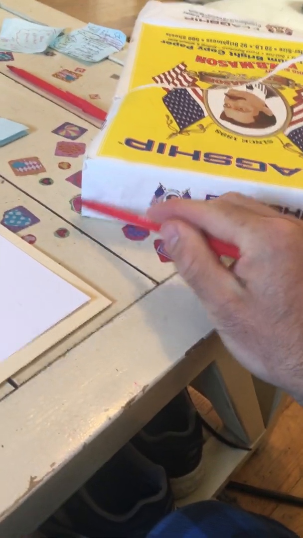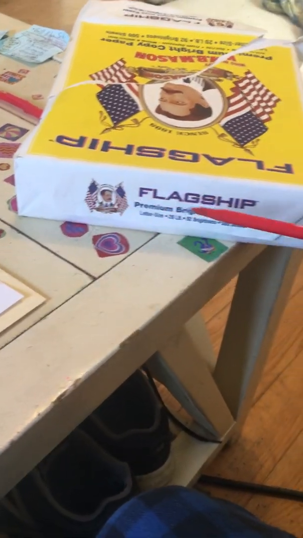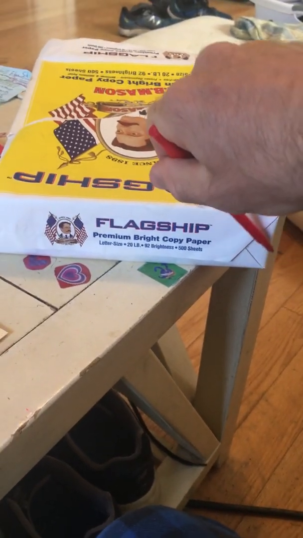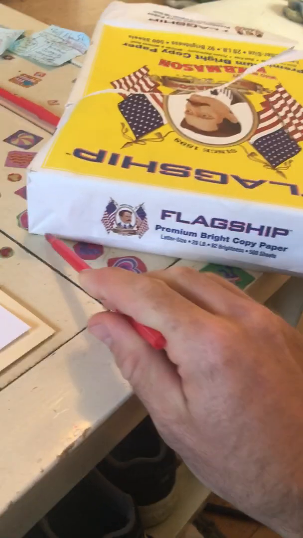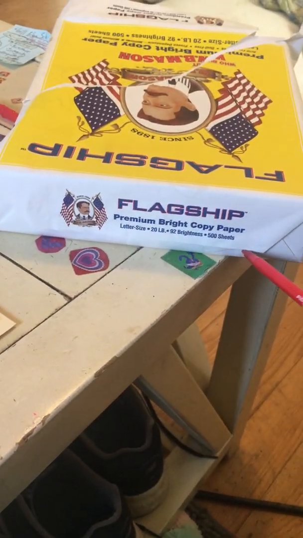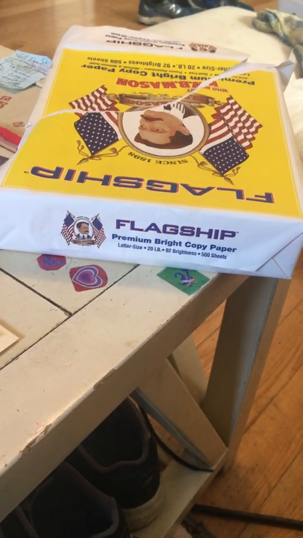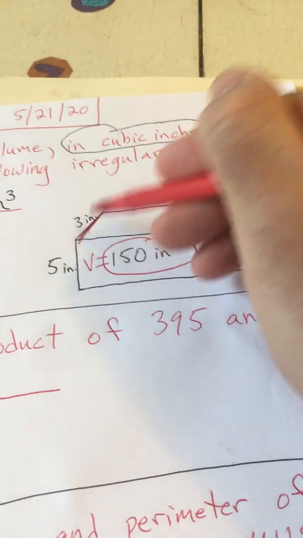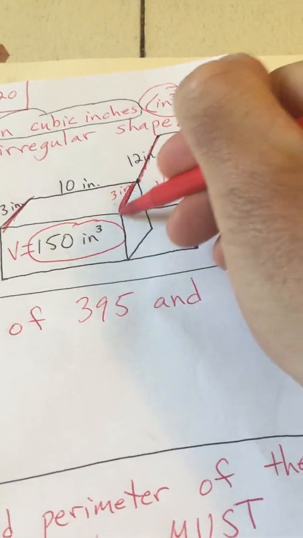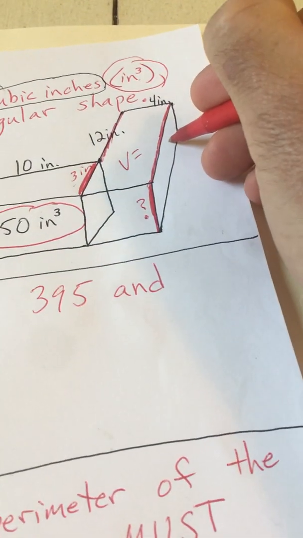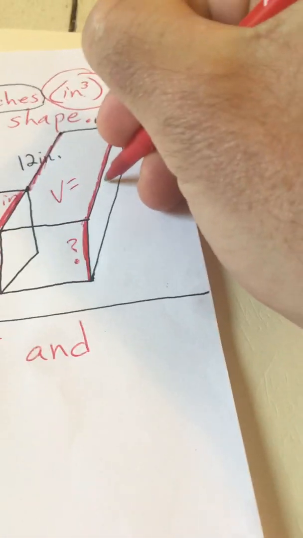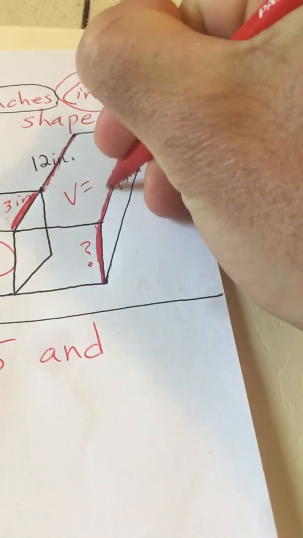So if this is 3 inches here, this here is also 3 inches. It's the same height. Just like if you were to look at this long side, it's the same as this long side down here. So we can use this 3 to know that this is actually 3 too. Now we have this whole side is 12 plus 3, which is really 15. So the number we're going to use here for this length is 15.